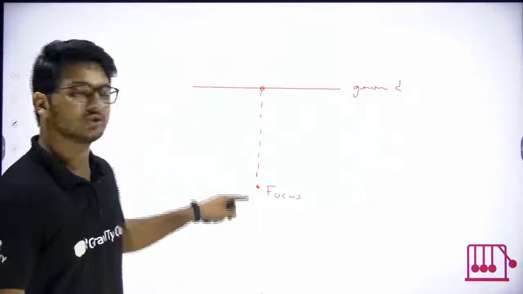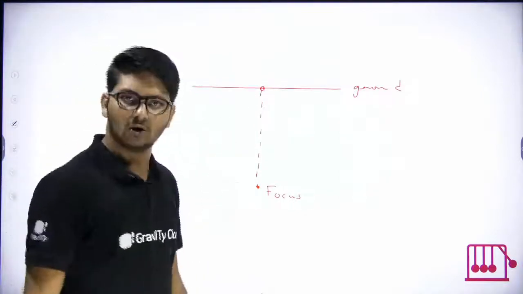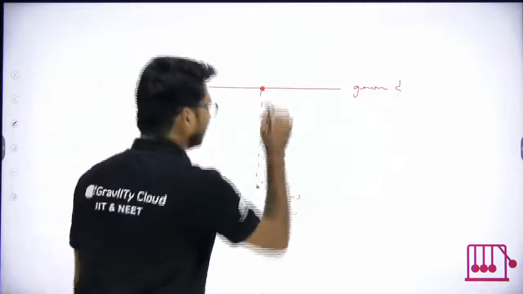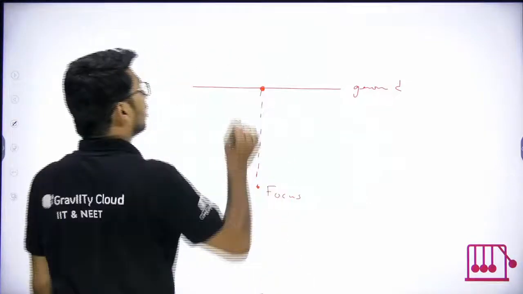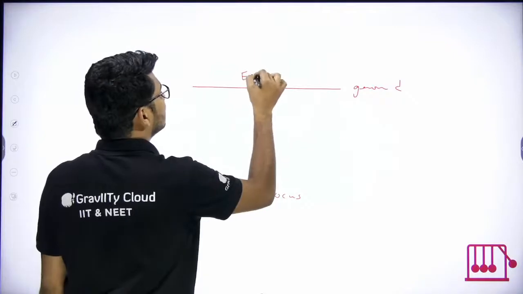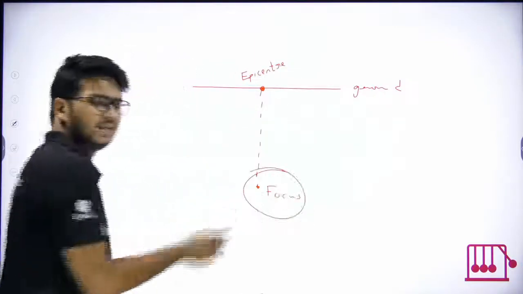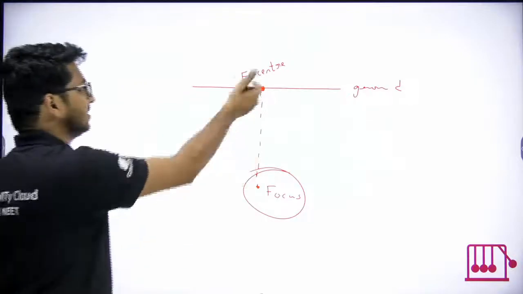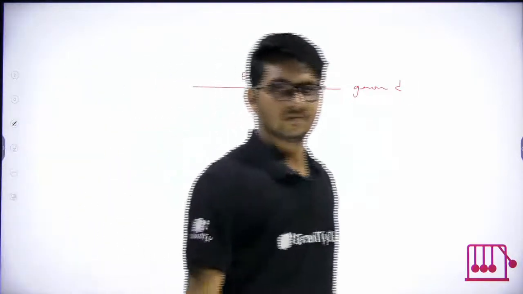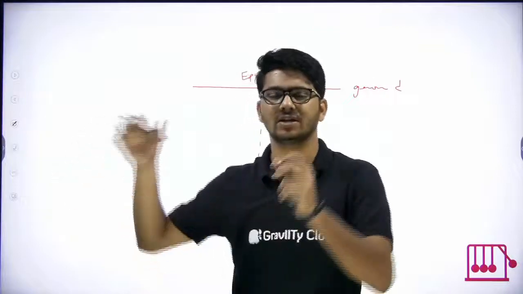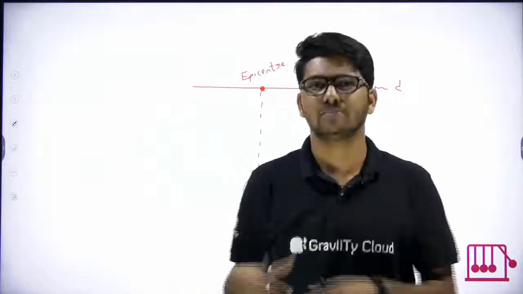So this point which is directly above the focus, that is the epicenter. And focus will be deep inside the earth, but epicenter will be on the ground. You can say epicenter is, let's say, Bihar. It's like Nepal, Kathmandu, a region.